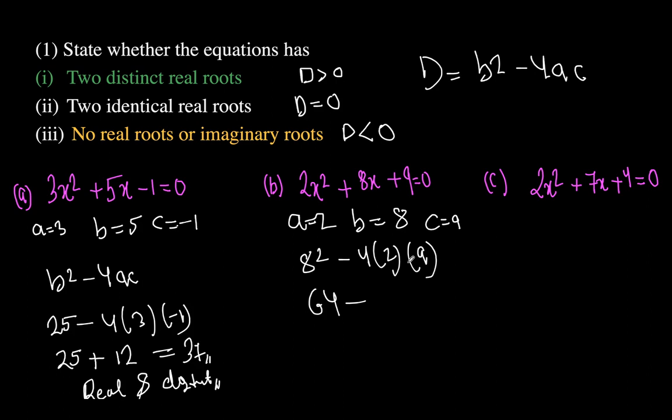So 4 times 2 times 9, you will get 72. Okay, so 64 take away 72 will give you minus 8. So here your d is negative, so here you will get imaginary roots.